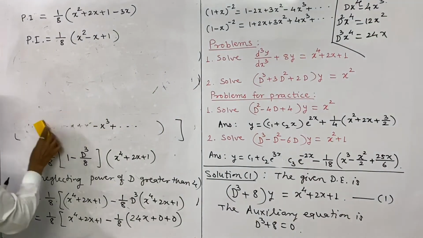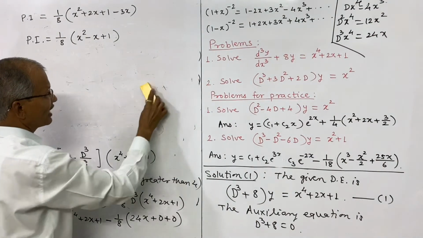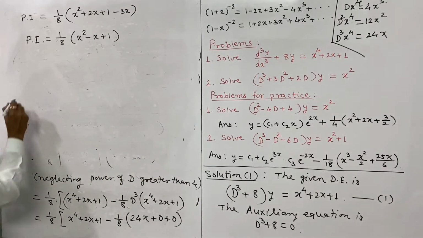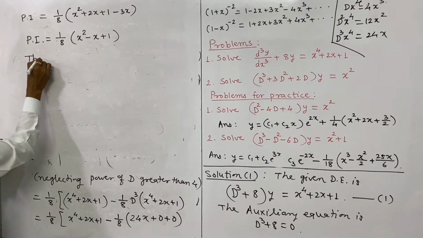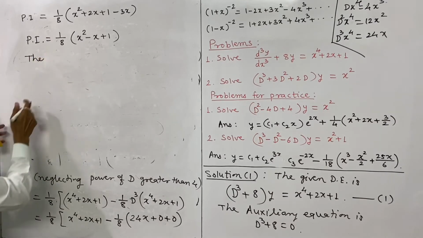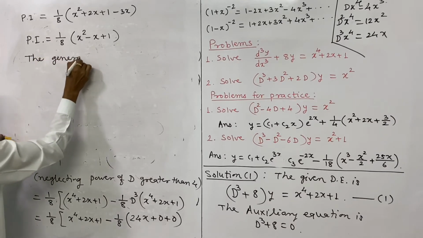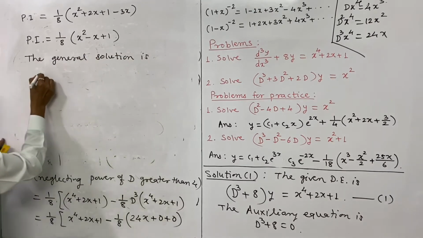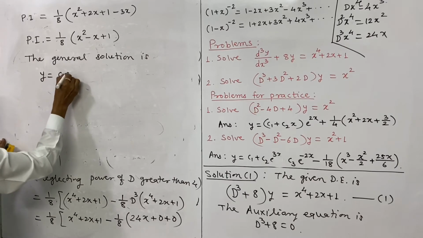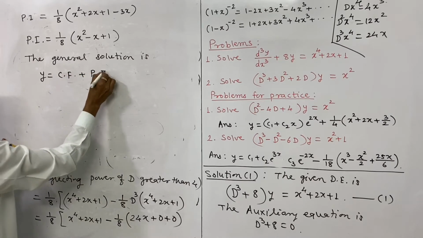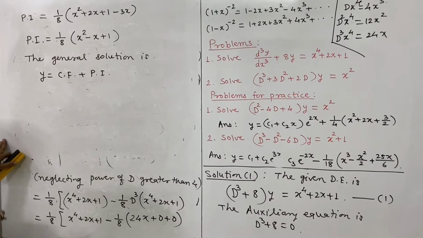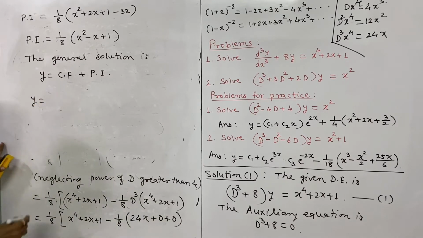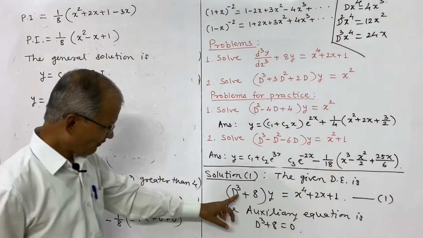We can write the solution. The solution is y is equal to CF plus PI, and therefore the general solution is y is equal to CF plus PI. So CF we have obtained earlier, and we have factorized this.